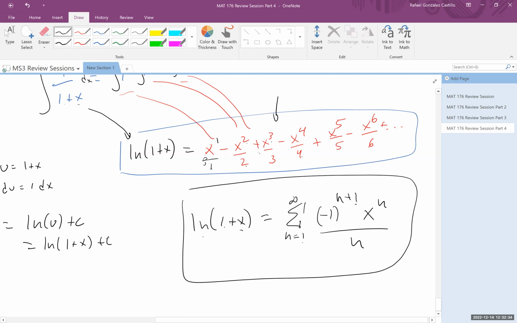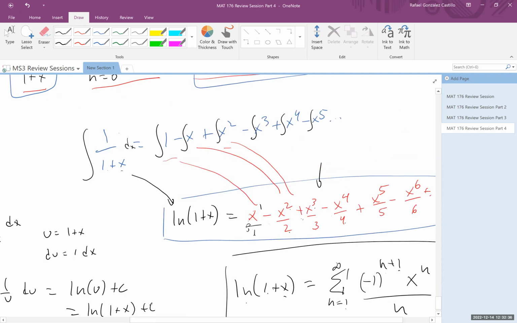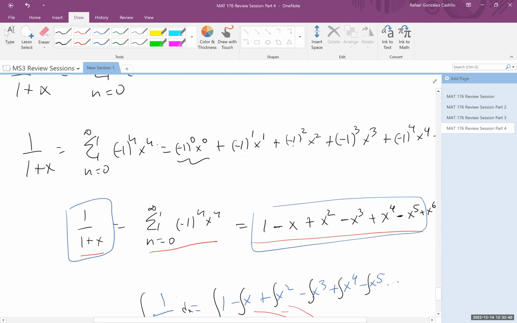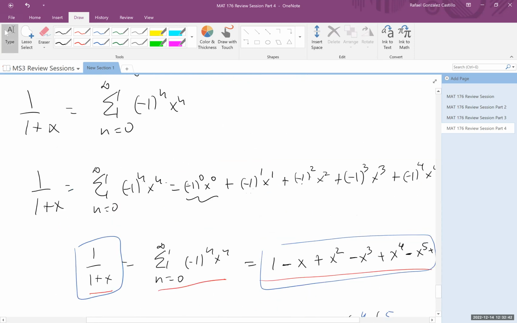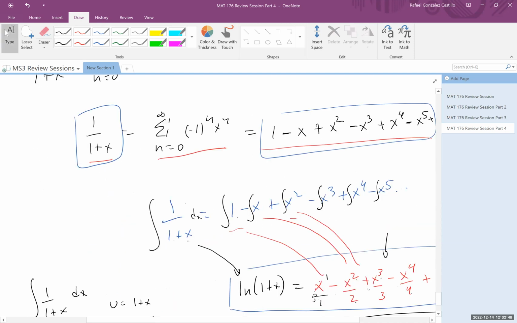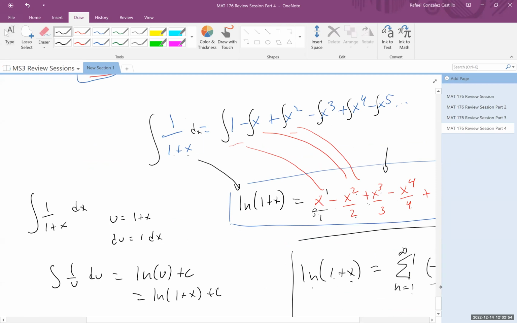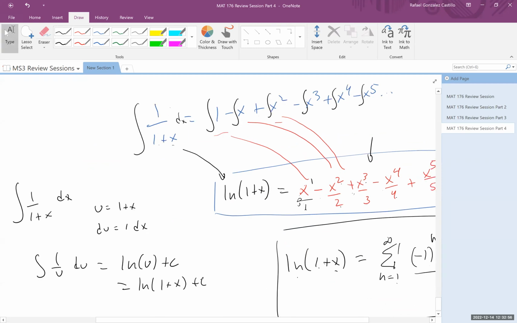And the way that we found it, again, was by taking the given information, expanding the series. This is a key step right here: expanding the series given, and then doing the integration of each piece. So you do the integration piece by piece, and then we use that information to obtain the pattern that we got down here.